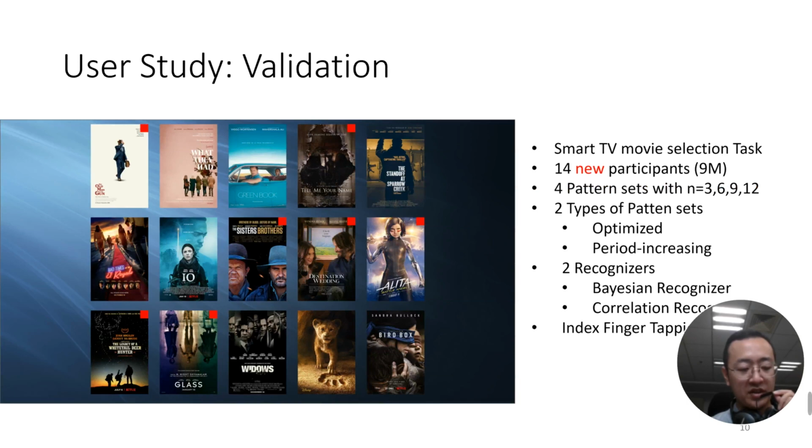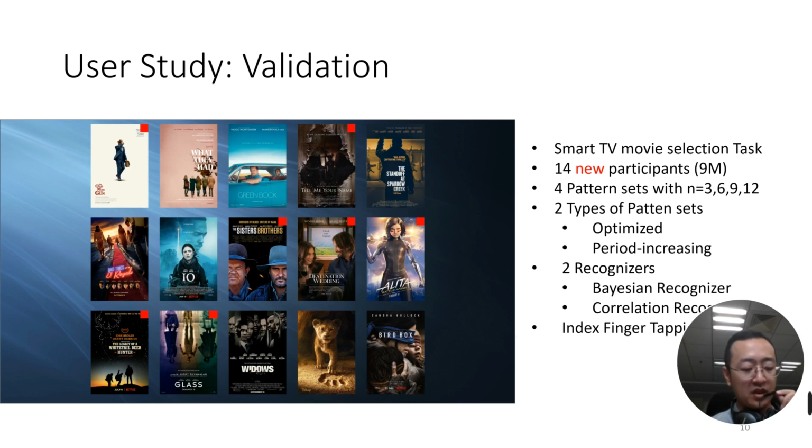We then evaluate our Bayesian recognizer, our optimization method, and the two recognizers, and we use the smart TV movie selection task to mimic a real-life scenario and evaluate two types of pattern sets. The first one is the optimized pattern size and the second one is the naive period-increase pattern sets.